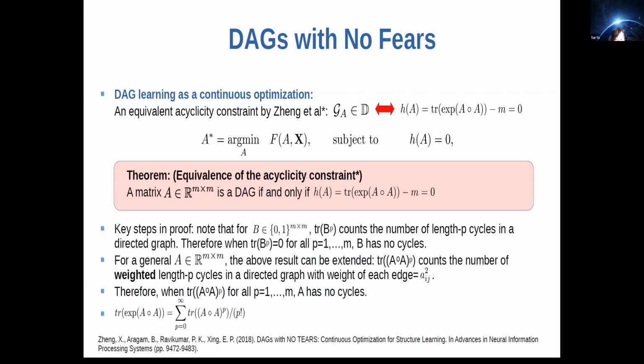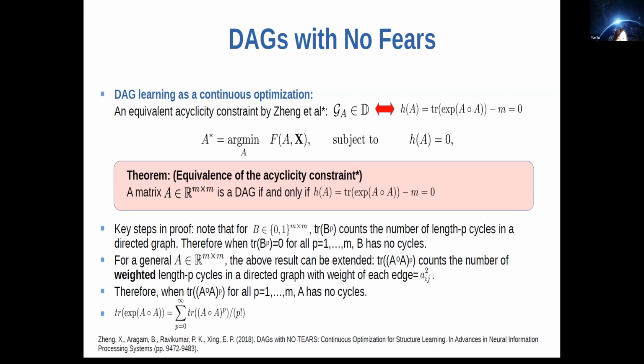So mathematically, how can we do that? In NOTEARS, they do the following, because if you do a Taylor expansion, then the exponential can be the summation of the power of a matrix divided by the factorial of the related power.